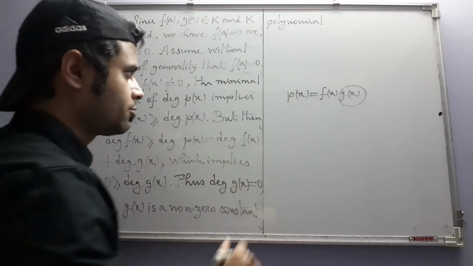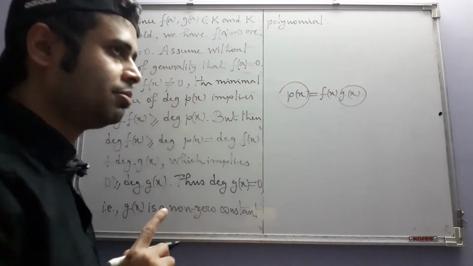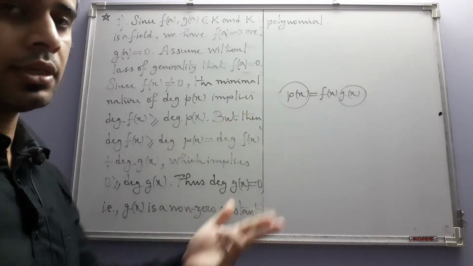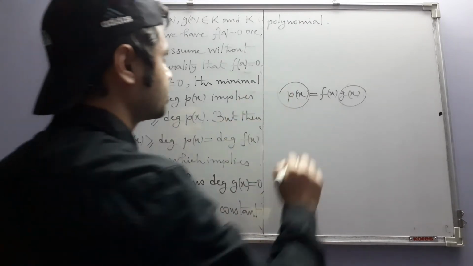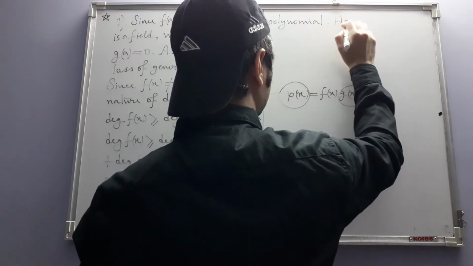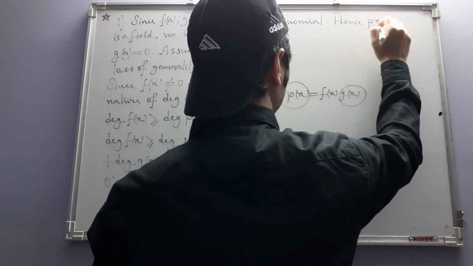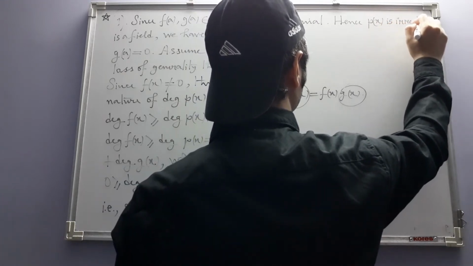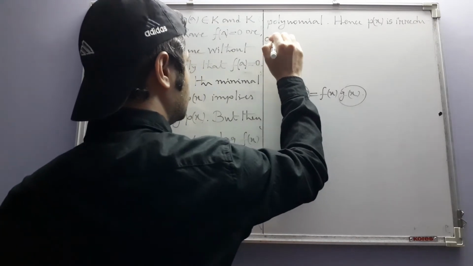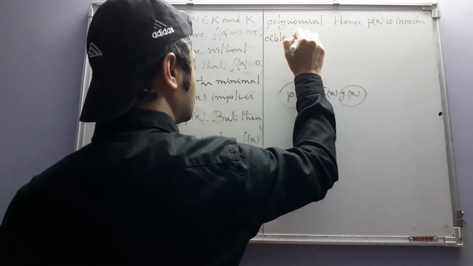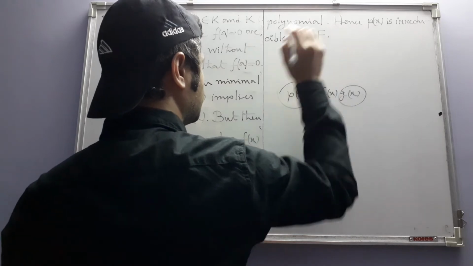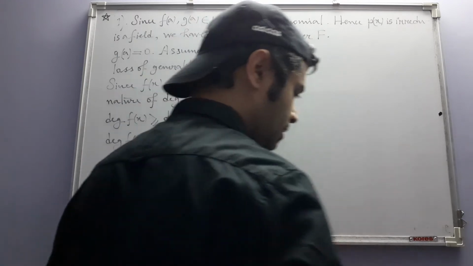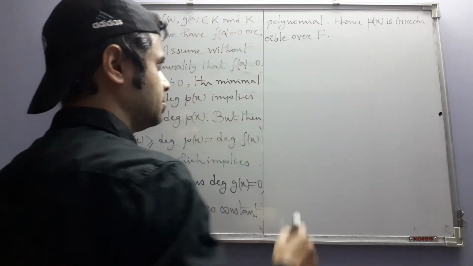So this just shows that Px has no non-trivial factorization over F, or in other words, that Px is an irreducible polynomial. Hence, Px is irreducible over F. Now next we are going to define a special type of mapping.